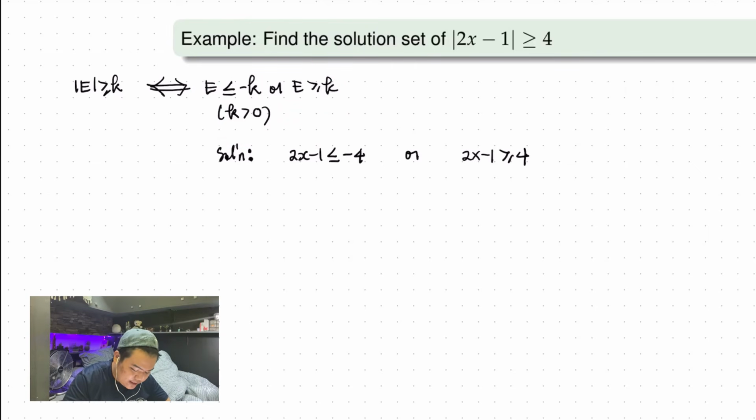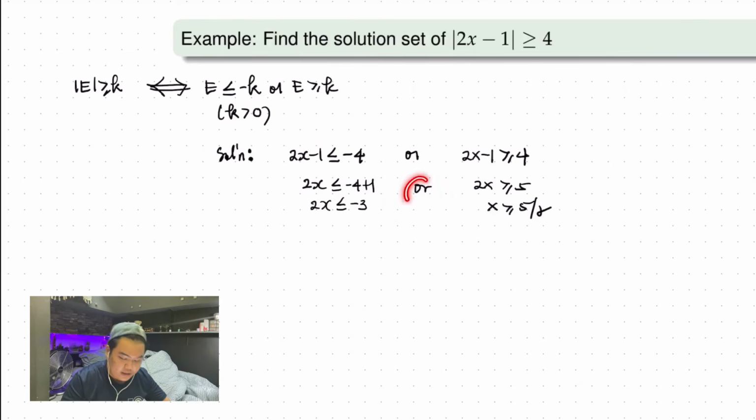And then solve for x lang, for each. Ilan ito? 5. So, x is greater than 5 over 2. Kapag sinabing or, pagsasamahin yung solution, union yon. Union of the solution set of this, union of the solution set of this.